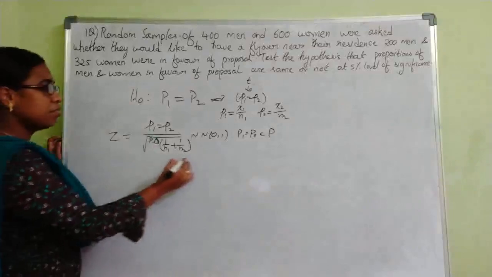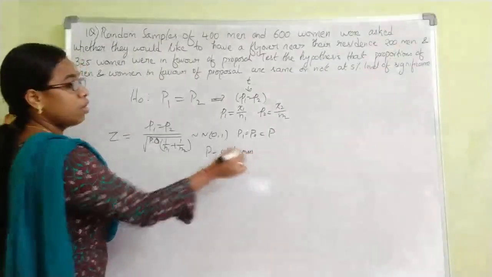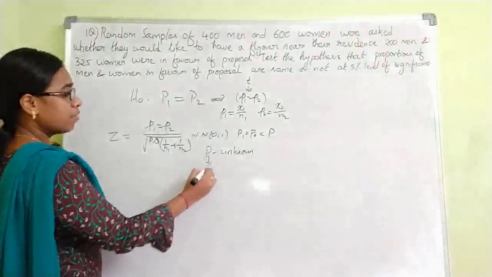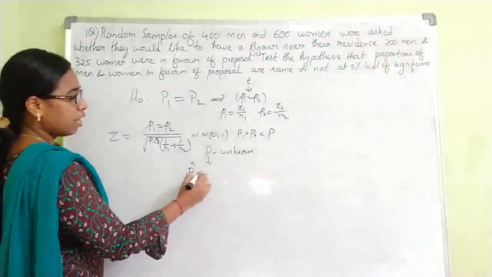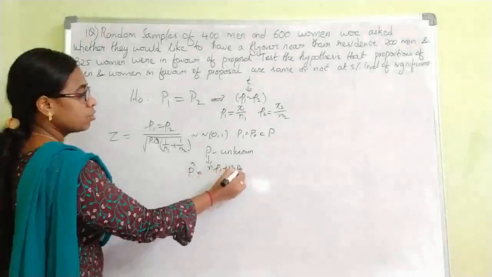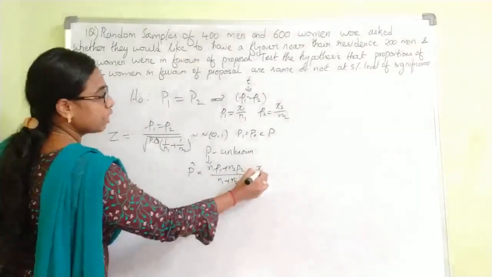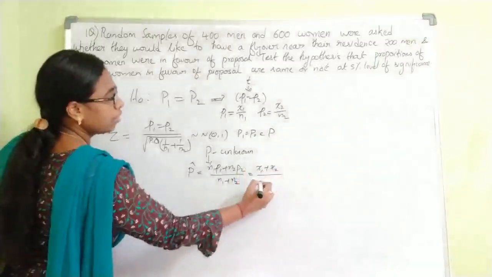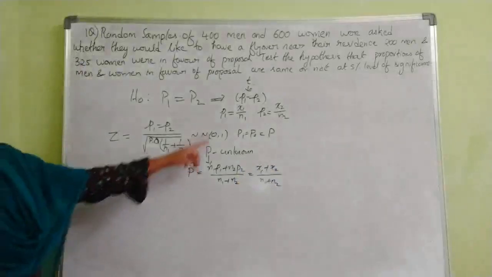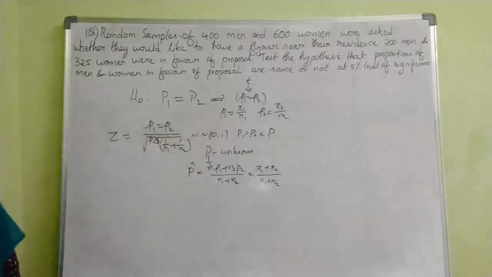Sometimes this population proportion value P will be unknown. At that time we estimate P by using the formula P hat equals n1 p1 plus n2 p2 divided by n1 plus n2, which can be written as x1 plus x2 by n1 plus n2, since p1 equals x1 by n1, so x1 equals n1 p1.